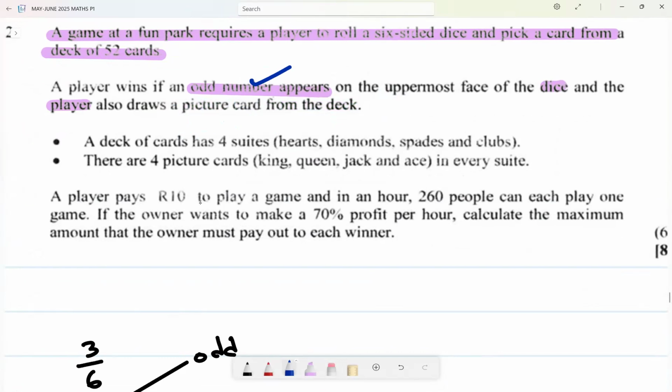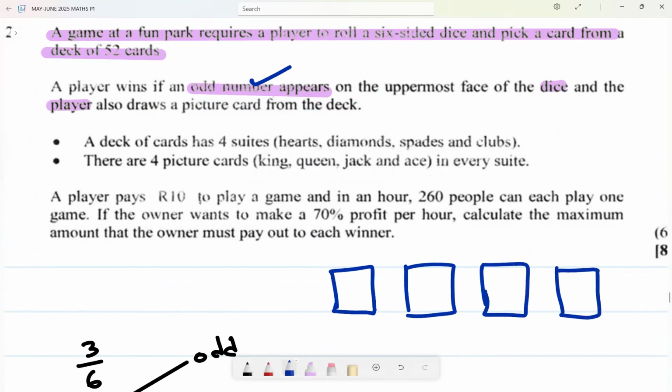So we have 4 suits. Let me try to illustrate that. It's going to be the hearts, the diamonds, the spades, and clubs.